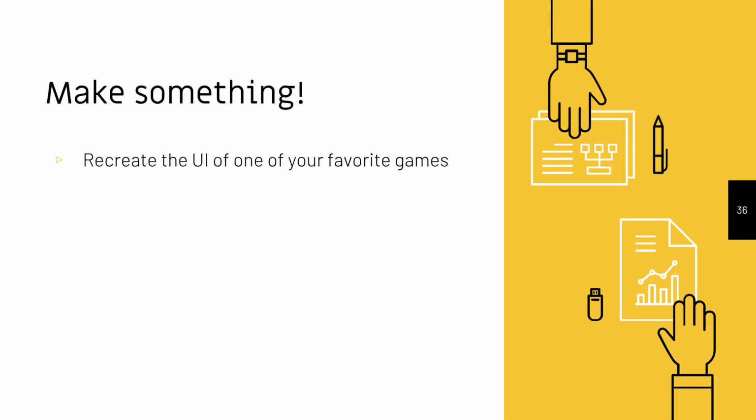Then maybe you can get more familiar with the tools. And as you make it, think about why you see the different elements that are used over and over again throughout the game. You can also redesign a game's UI, so don't just recreate it, redesign it. Think about parts of the game that you can improve.